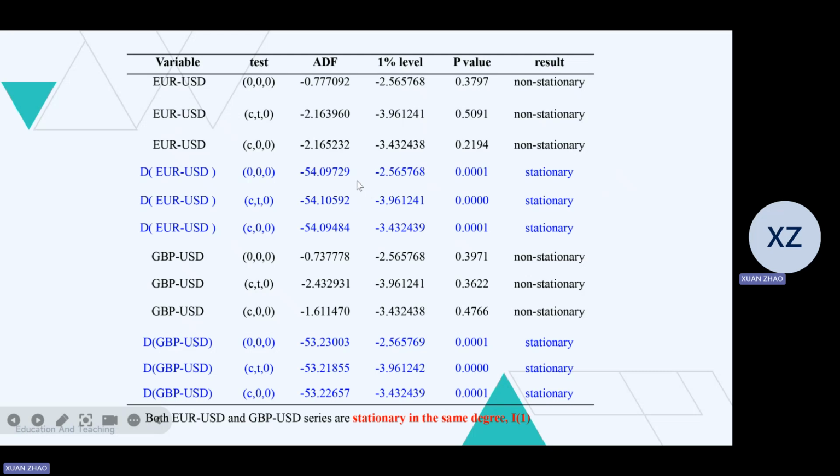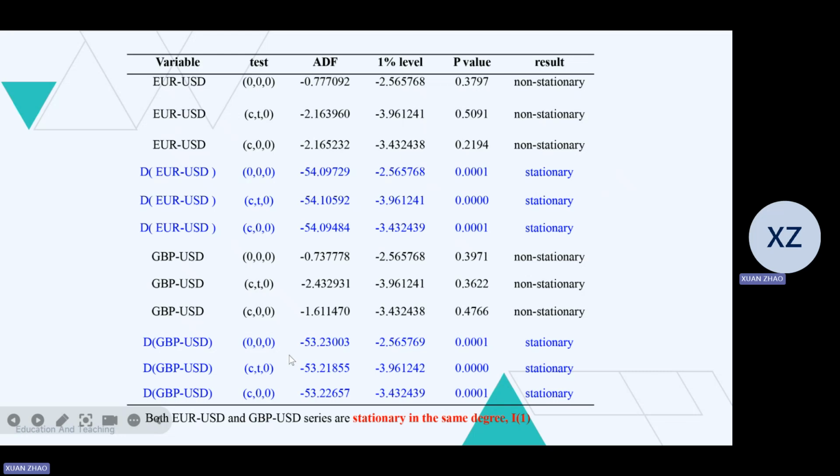The level variables are non-stationary, and when we take the first difference of the two variables, they become stationary.